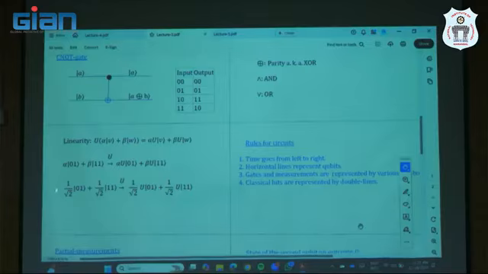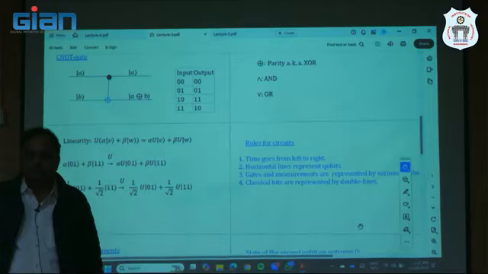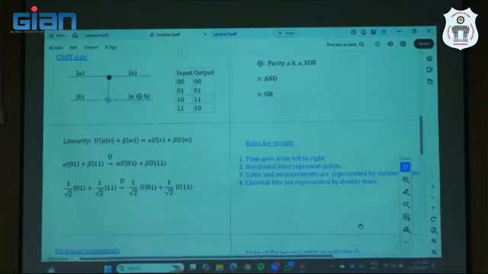Example here, suppose it's a uniform superposition of 01 and 11, it will go to uniform superposition of U01, U11. Agreed? Any questions? Agreed? Good.